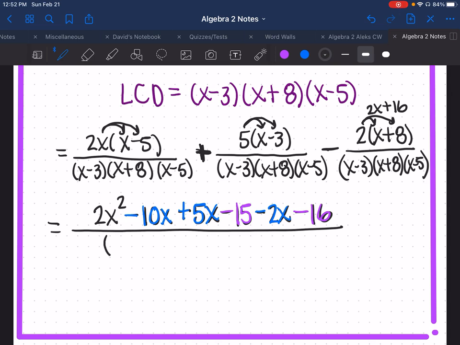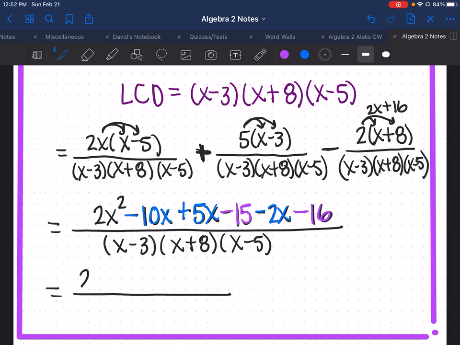There's nobody to go with my 2x squared, and I forgot to put my denominator, so let me go ahead and add my denominator super fast. There we go. All right, so I've got 2x squared minus 5x, and negative 15 and negative 16 is going to be negative 31.